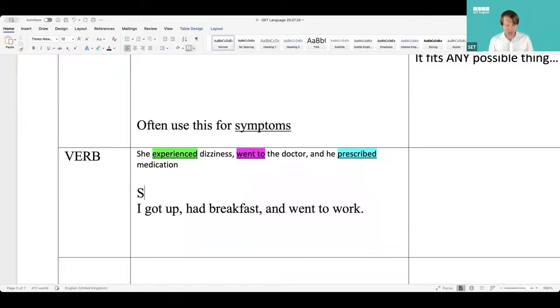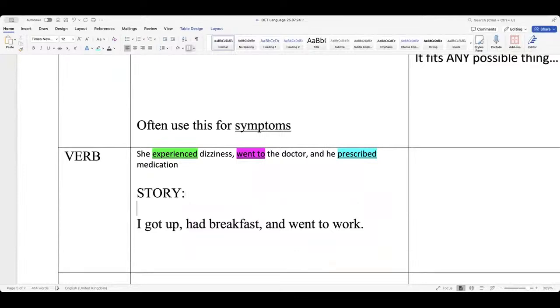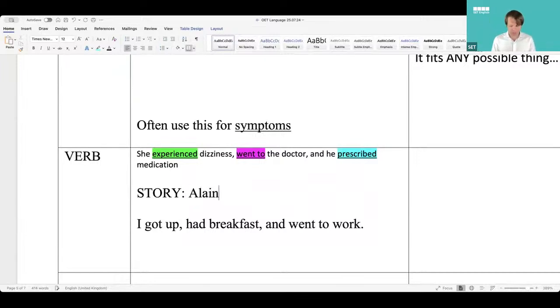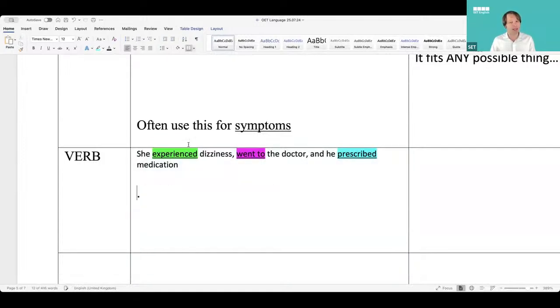It's like a story, isn't it? Like a narrative. This is my morning. Alan's morning. Now, this is very useful in OET because what are we studying? We're studying summarizing, right? So this is one sentence, and I'm saying so many things. One sentence, but so many ideas.